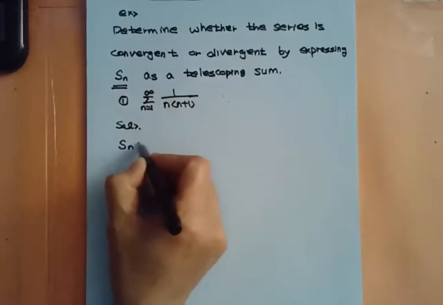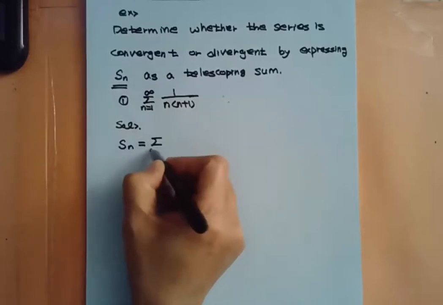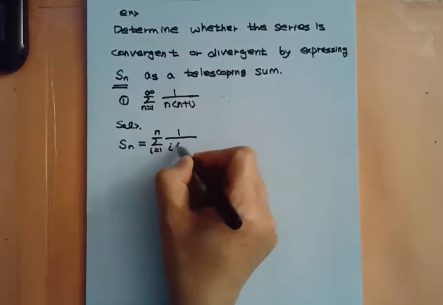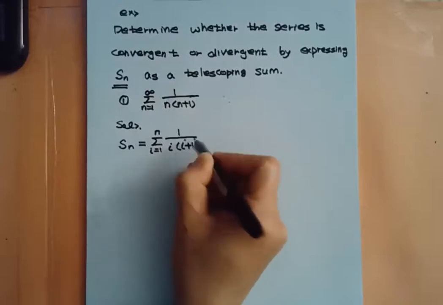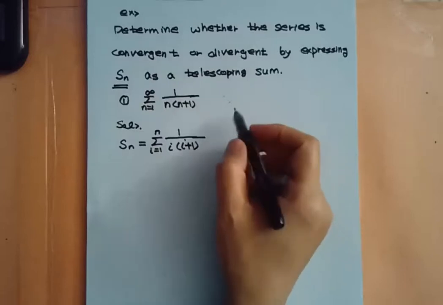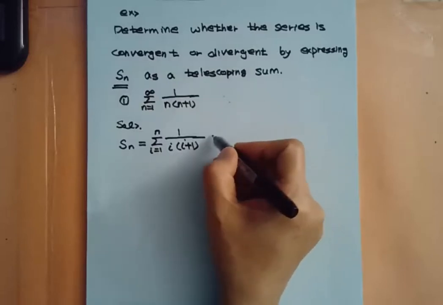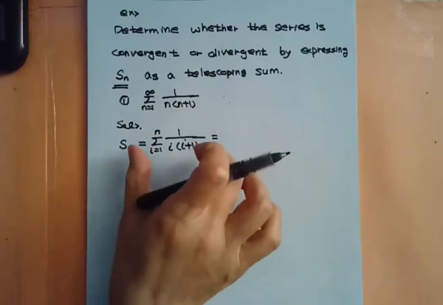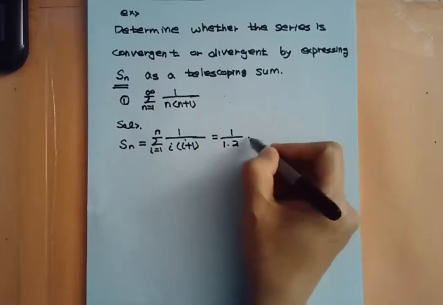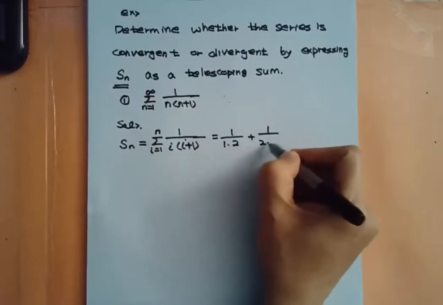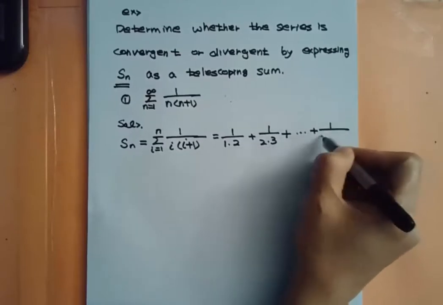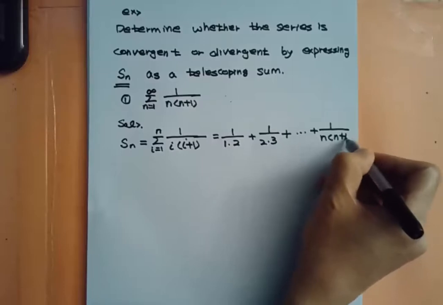So Sn equals summation i equals 1 to n 1 over i times i plus 1. If we expand this, it'll be 1 over 1 times 2 plus 1 over 2 times 3 plus 1 over n times n plus 1.